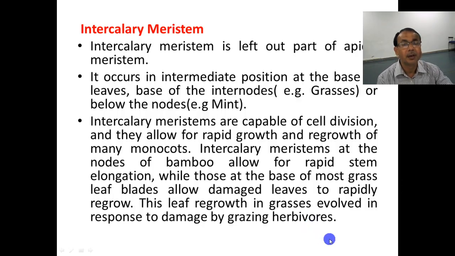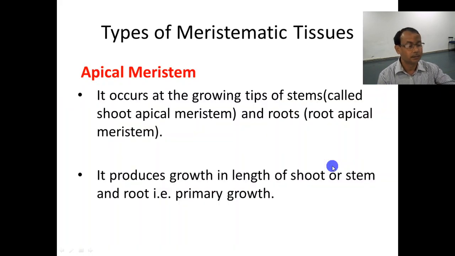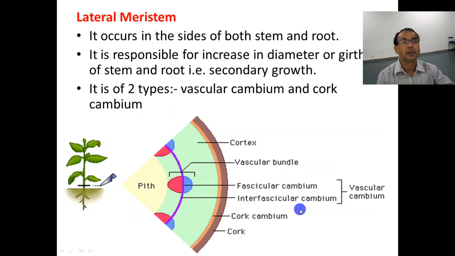We move over to the last meristem, that is lateral meristem. Now lateral meristem, where it is present, if I show you the previous slide, you will understand they are present on the lateral sides, right? It occurs in the sides of both stem and roots.